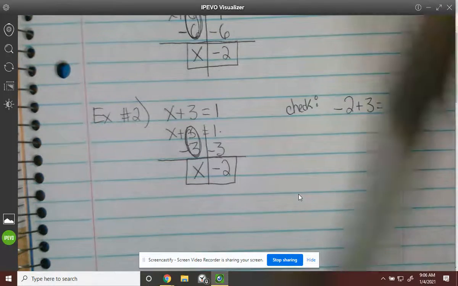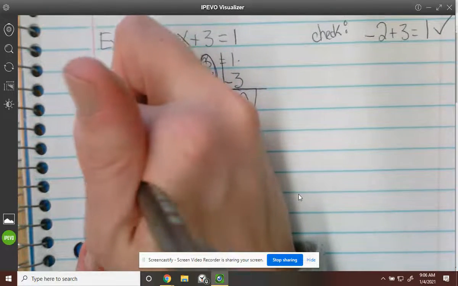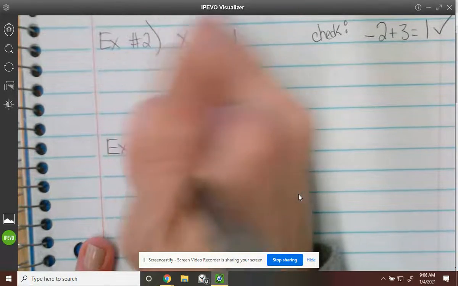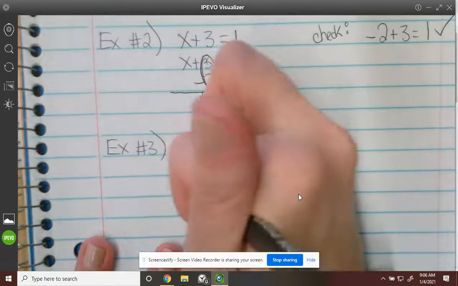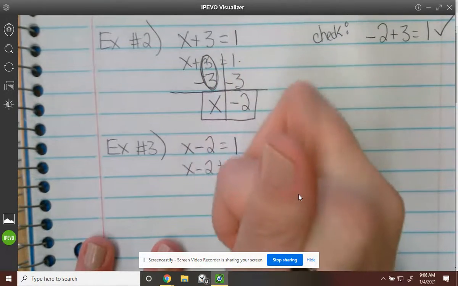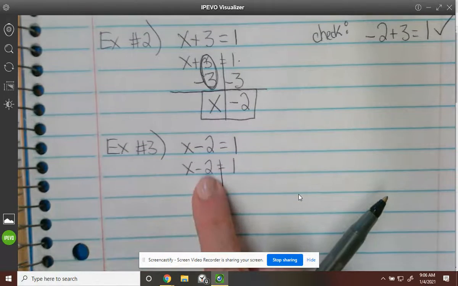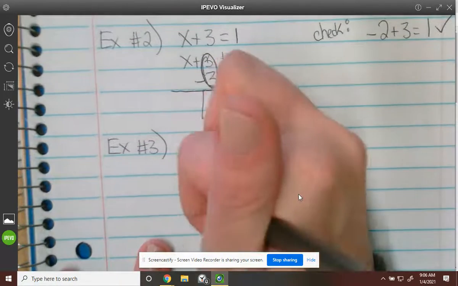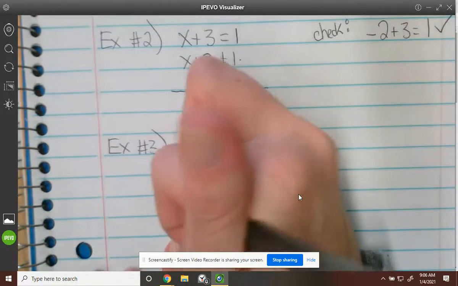All right, so let's switch things up now. Instead of a plus number right here, let's do a minus one. x minus 2 equals 1. Draw your line. What's in my way? A negative 2. So how do I undo a negative? I add 2 on both sides.